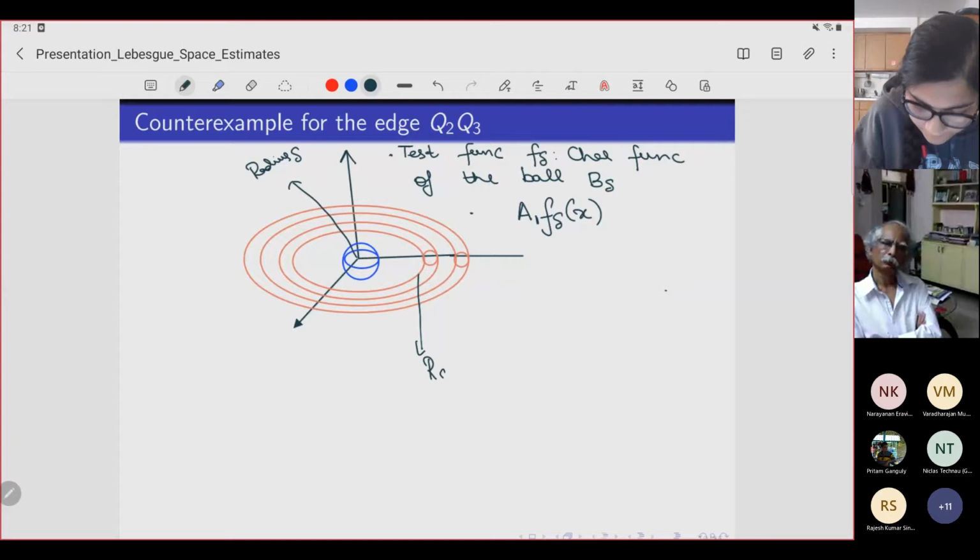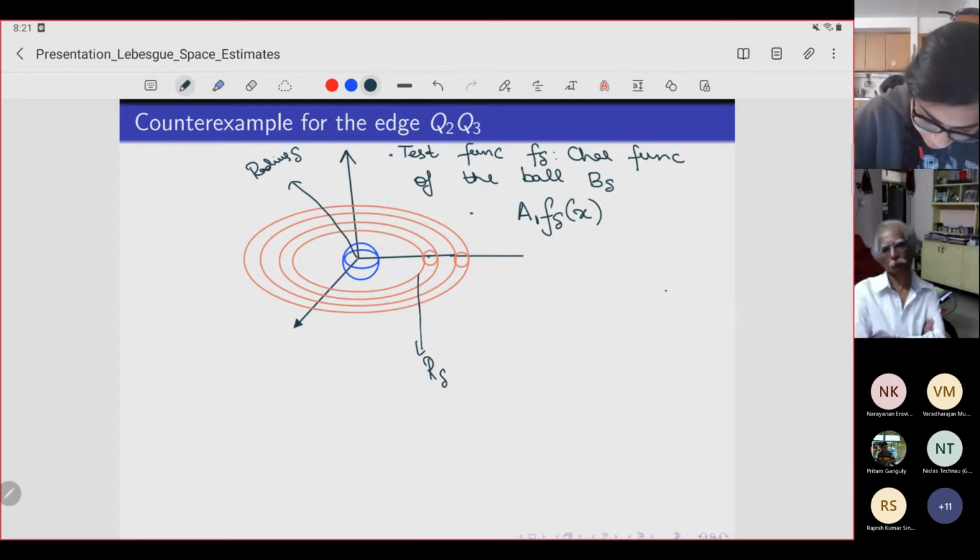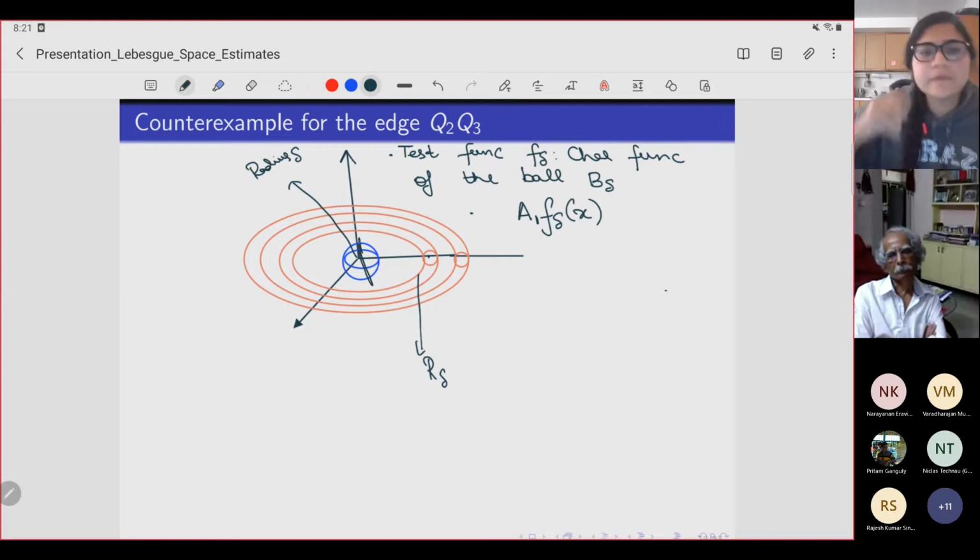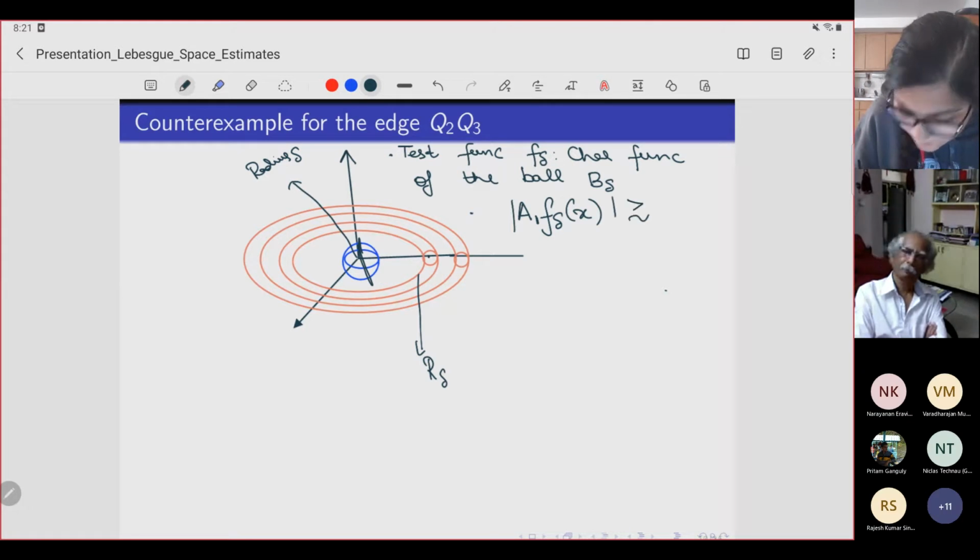We call it R delta because when I take a point X over here and I try to take an average of radius 1, it will definitely hit my ball like this. So basically, the absolute value of A1 F delta at X would be greater than or equal to what?